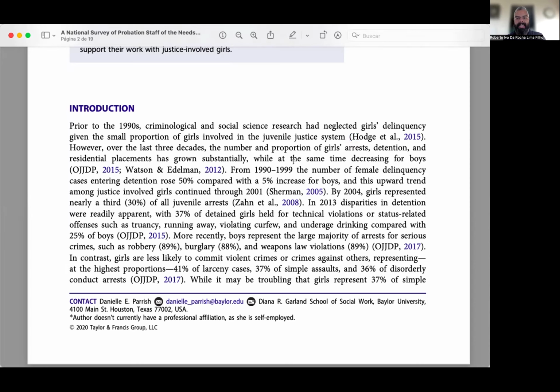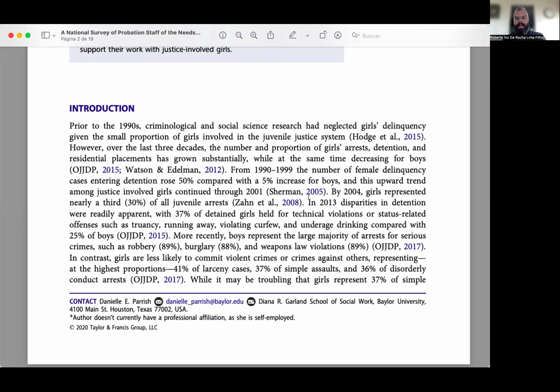Right after, in the next section, they laid out all the numbers. From 1990 to 1999, the number of female delinquency cases entering detention rose 50% compared with a 5% increase for boys. This is how the data is manipulated. If it's not primary data but secondary data from another author, you can again cite this information, so it's outsourced.